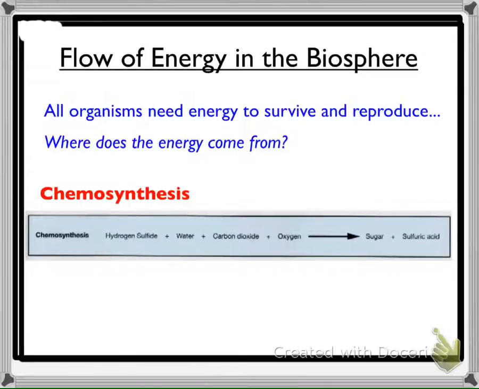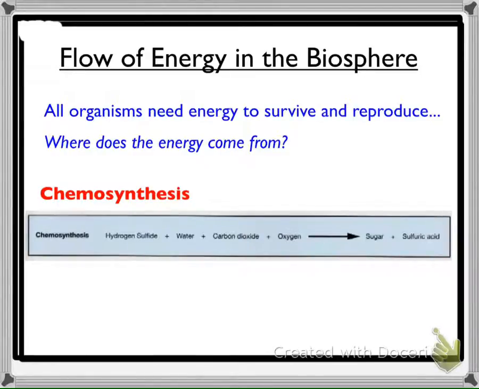It was discovered that there were some bacteria that actually could use hydrogen sulfide, water, and carbon dioxide and oxygen, and they could also produce sugar without the energy from the sunlight. So this is a different form of basically creating that chemical potential energy found in sugar or glucose.